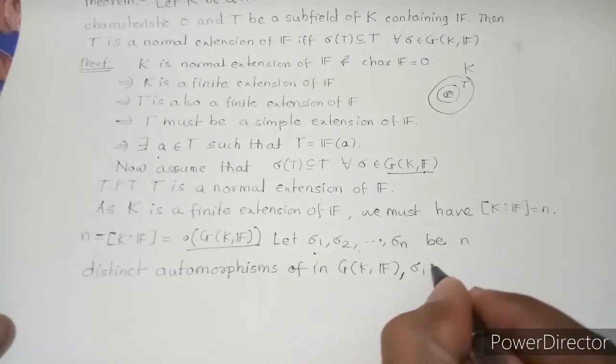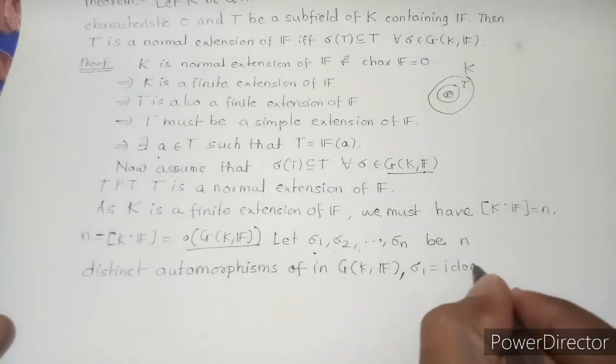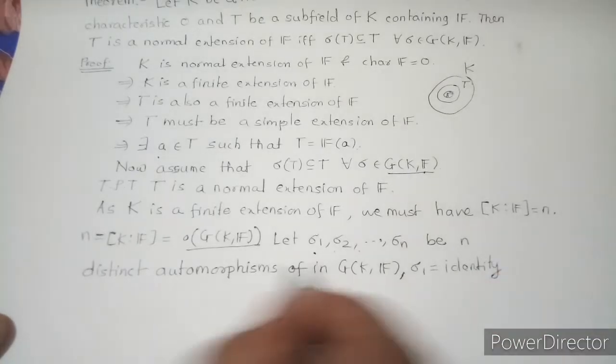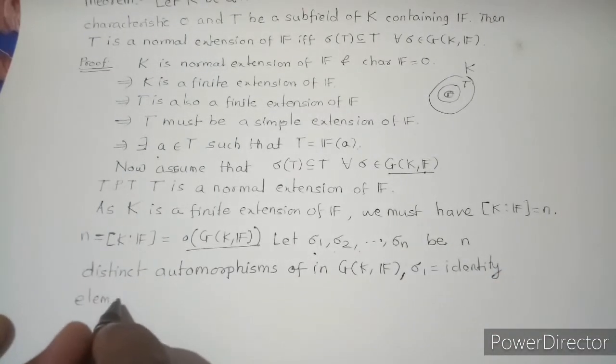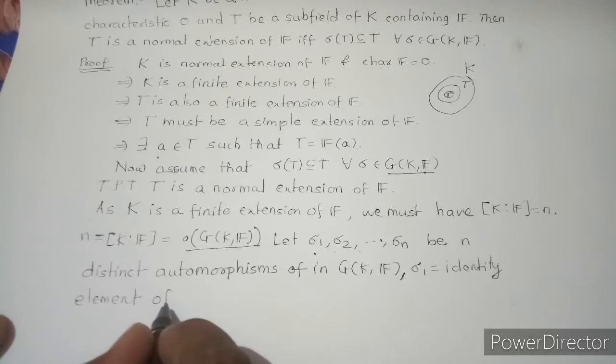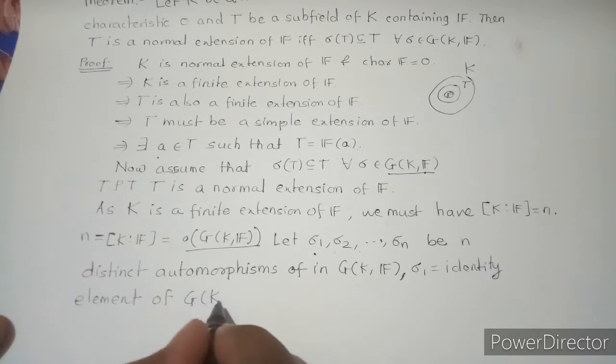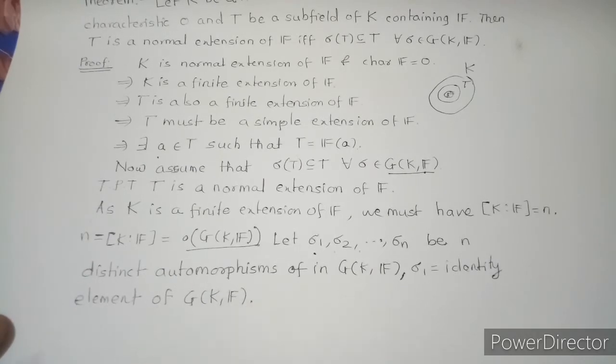So sigma 1 is the identity element of GKF.